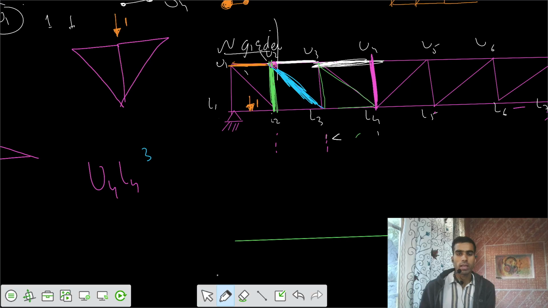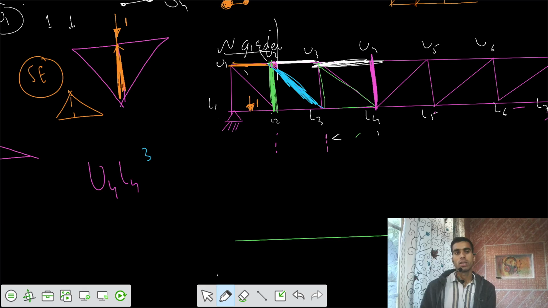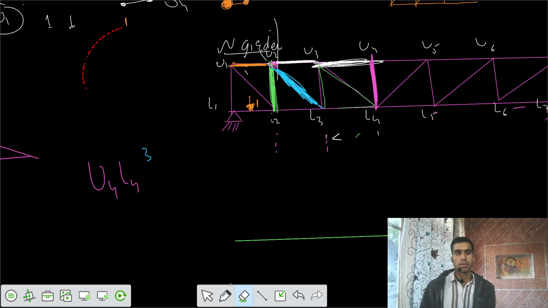If the loading was actually deck type, then there would have been a reaction in this one when the loading was at this joint. We have seen that for the member CSE, initially the diagram was some sort of triangle, and after that 0. For this case, we don't say the loading is deck type; we say the loading is through type.